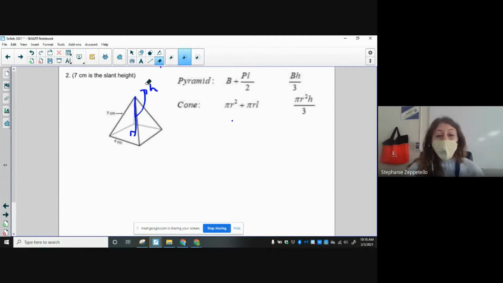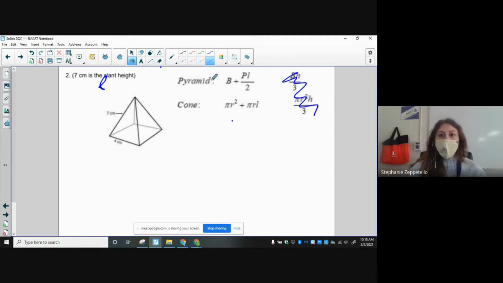Now, if we're talking surface area, though, I need the surface height, right? I need the height on the surface. We also call that the slant height. So the other way we say it is L, the slant height. We're going to see that in your formulas, L. So there's a difference between L and H. H is inside, a straight string drop right through the center.